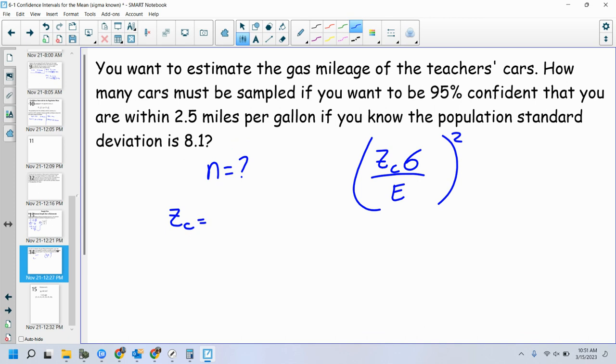Is that 1.645? That number rings a bell. Oh, 95%: 1.96. I've got 1.96. Sigma is 8.1. What's my error margin that I'm okay with? 2.5.